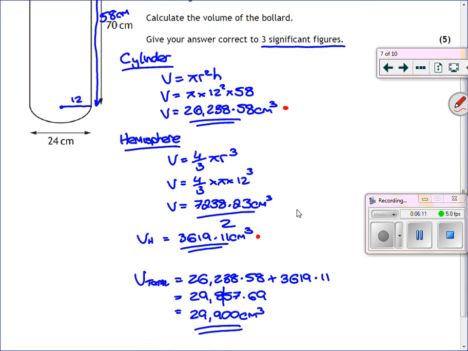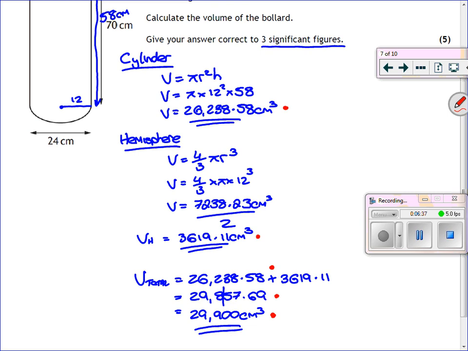The third mark is for knowing to carry out an addition of 2 volumes. The fourth mark is for carrying out that addition correctly. And then the final mark is for the rounding and the units in the answer.